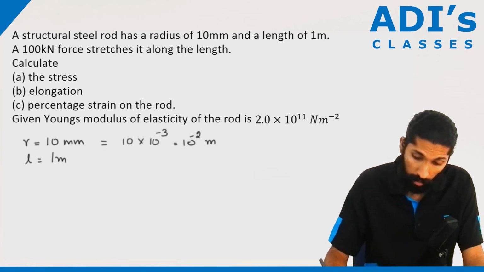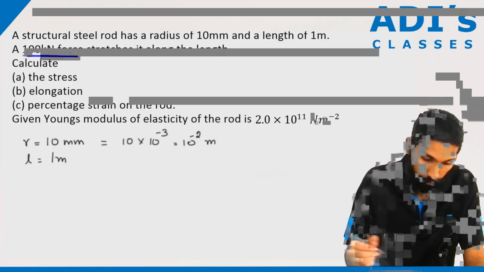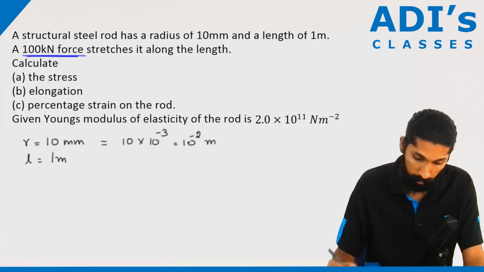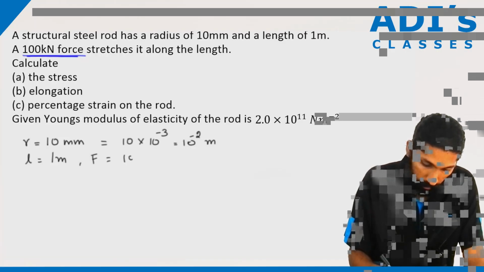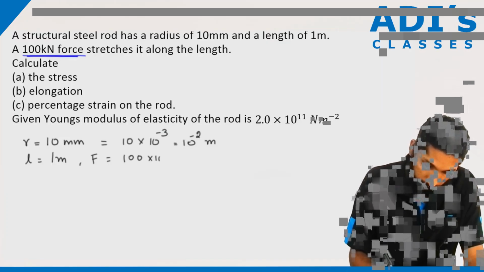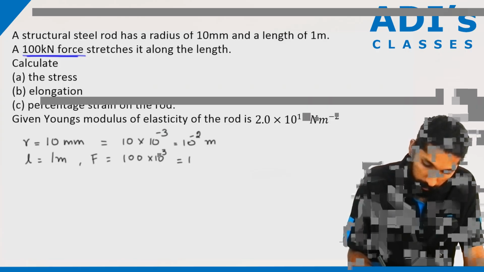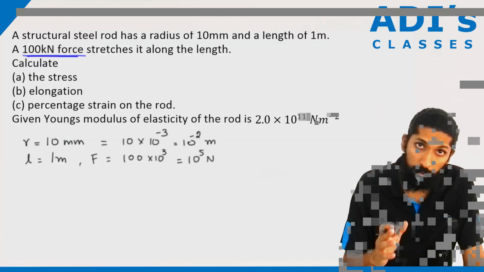Next, they're telling 100 kilonewton of force. Look at this, 100 kilonewtons of force. So write that down also. Force is equal to 100 kilo. Kilo is 10 to the power of 3, which makes it 10 to the power of 5 Newton. This is the force given.